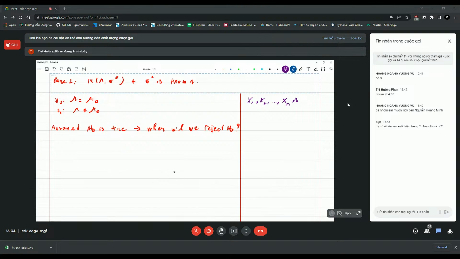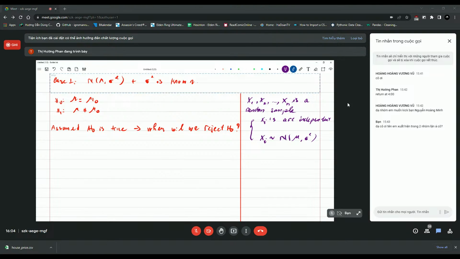If S1, S2, ..., Sn is a random sample, as we have learned, it must verify two conditions. The first one is the Si are independent. And secondly, each of Si must follow a normal distribution with mean mu and variance sigma square.